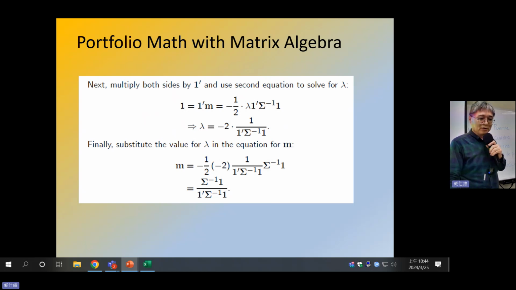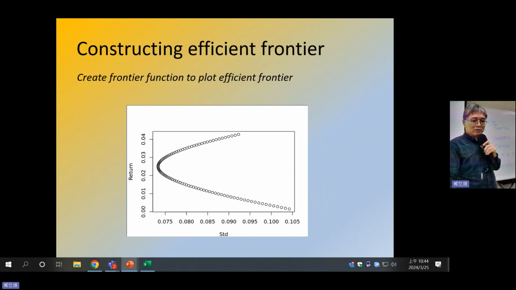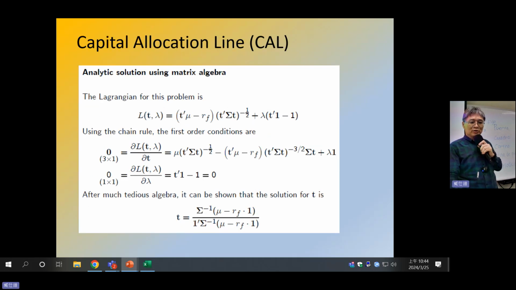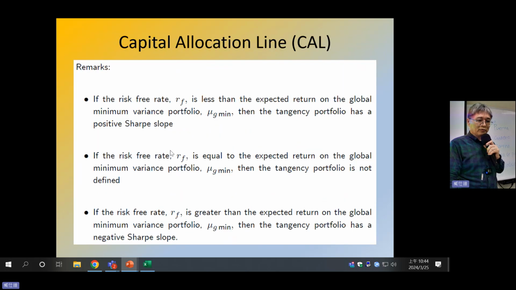But now you can see this is the tangency portfolio, and the 1 is replaced by mu minus RF times 1. So this is very similar. The only difference is the 1 term here. We replace 1 with mu minus RF times 1. Anyway, based on this formula, we can find the tangency portfolio.